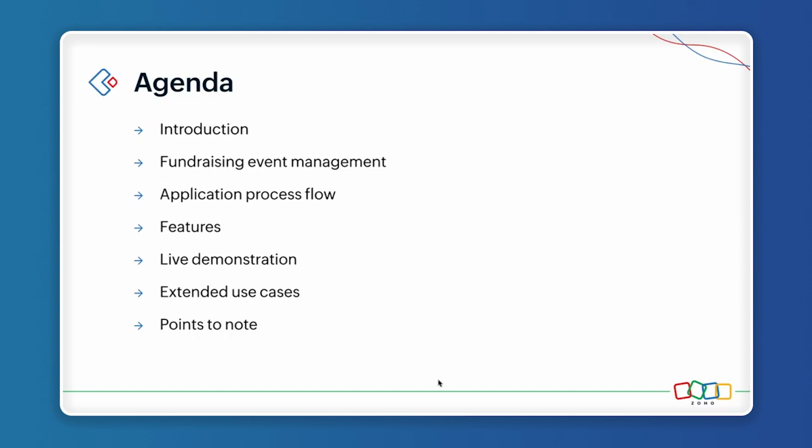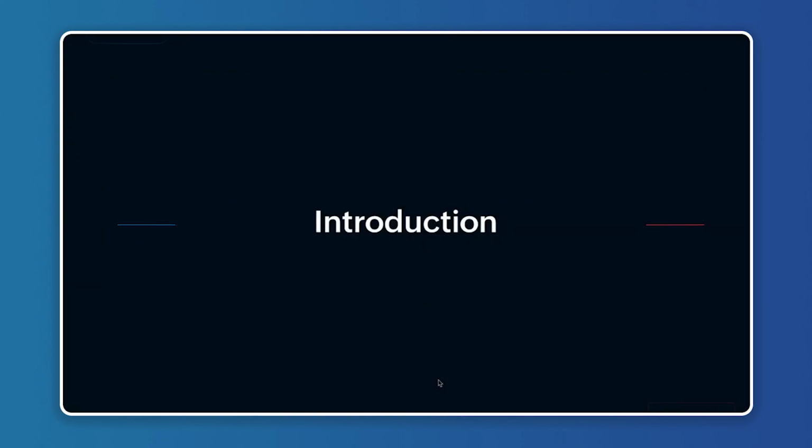We will discuss the application process flow used to build that application and the features used to enhance the working model of the application. Finally, we will see the live demonstration, and I will also discuss some of the extended use cases. And we will conclude the session by giving some points to be noted. If you have any questions during the session, please feel free to post them in the question tab. So now let's start the session.